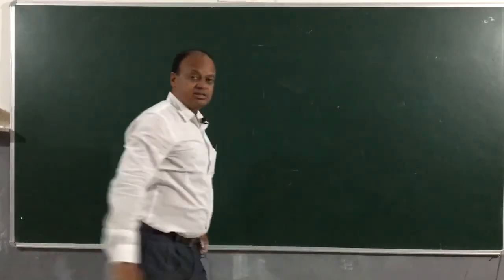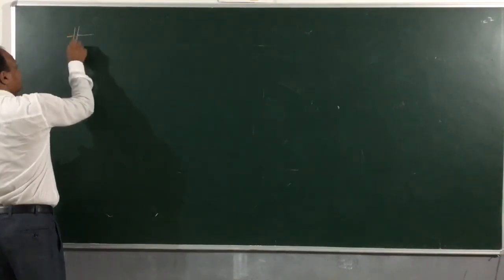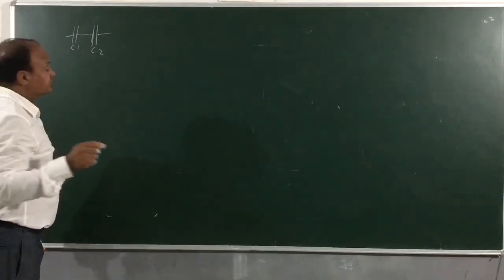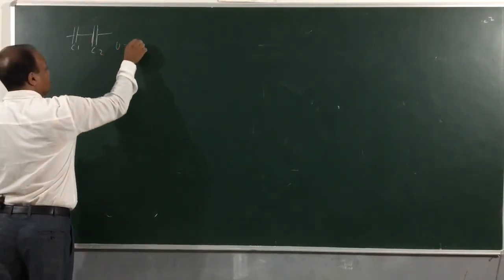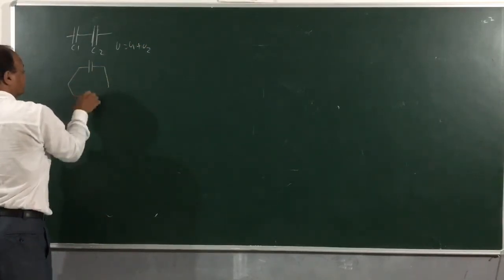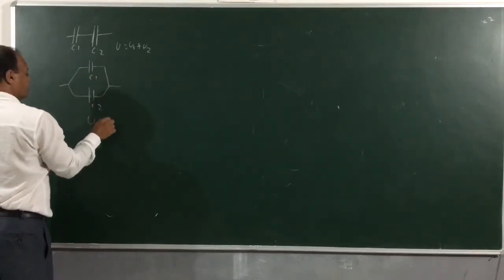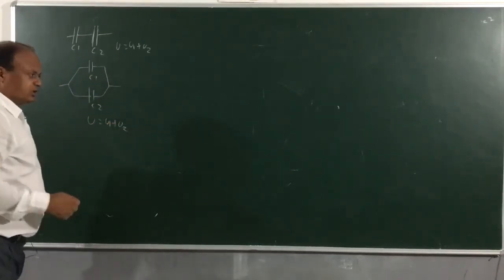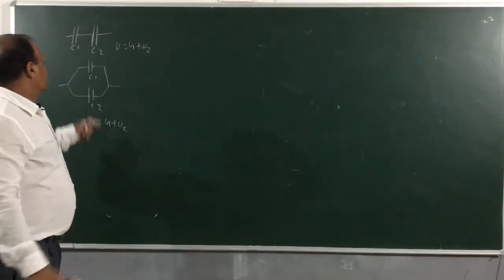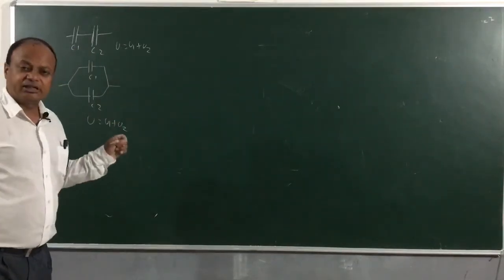But whether I combine capacitors in series, an important point to note, U will be equal to U1 plus U2, or whether I connect them in parallel, here also U will be equal to U1 plus U2. So the total energy of a combination or a network of capacitors is equal to the sum of the energy on each capacitor, and it will not depend upon the nature of the combination.